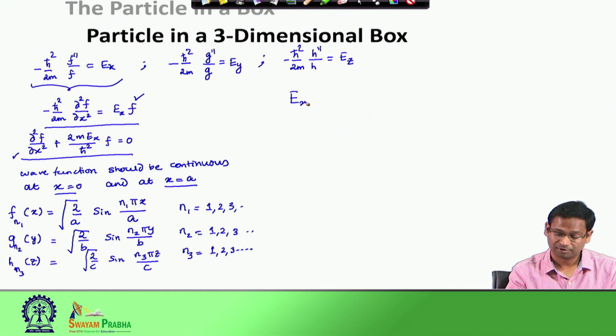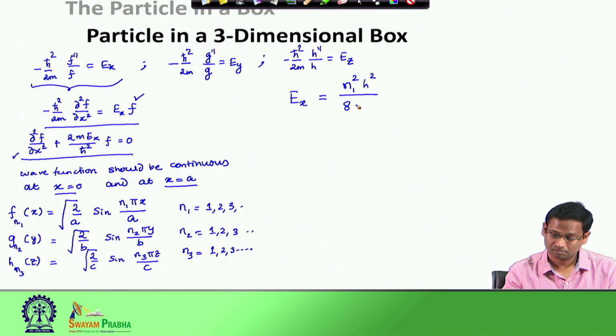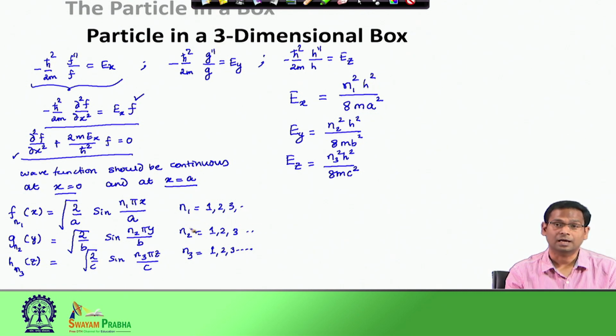So, E x will be written down as this one, E y and E z, where n1, n2 and n3 are the quantum numbers we have here.